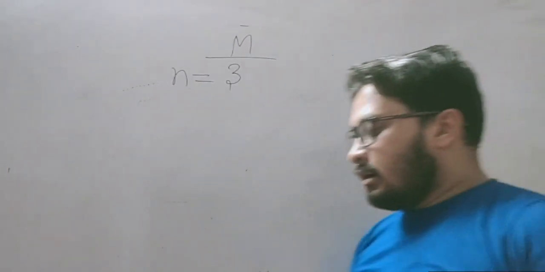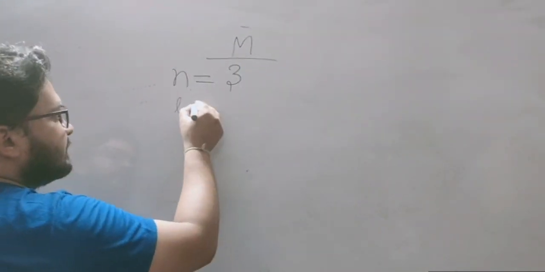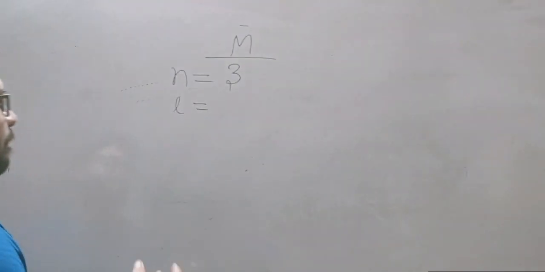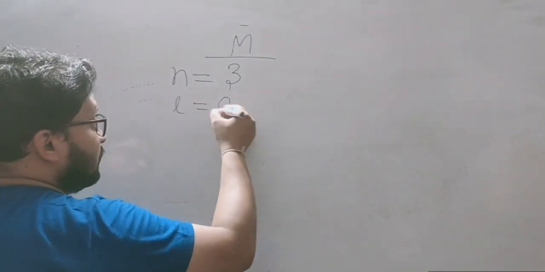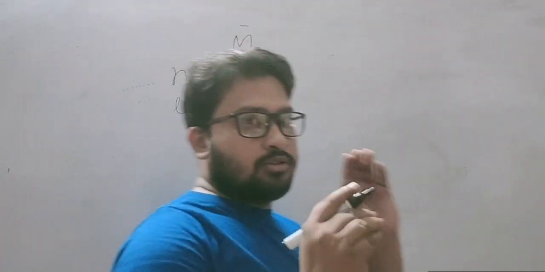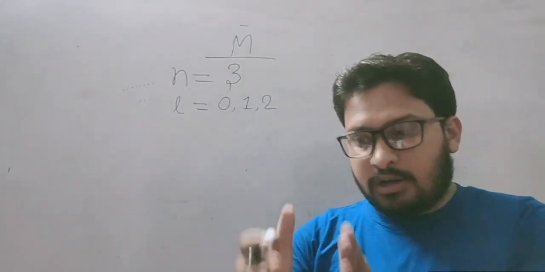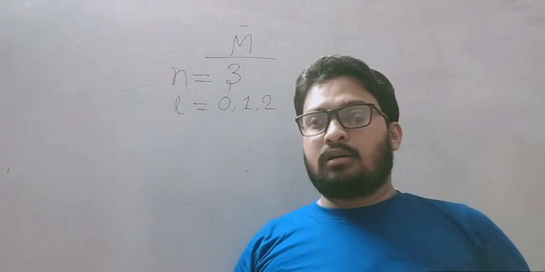Now what is the azimuthal quantum number for this shell? The principal quantum number is 3, so the azimuthal quantum number is 0, 1, 2. If n equal to 4, we can write 0, 1, 2, 3. If n is 5, we can write 0, 1, 2, 3, 4.